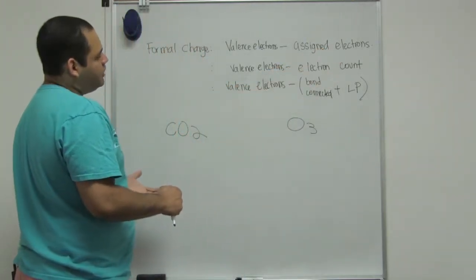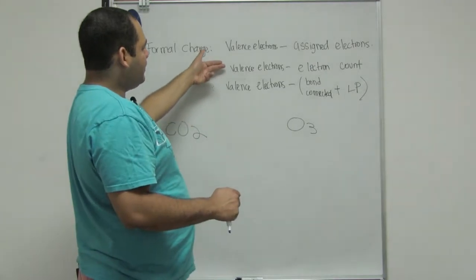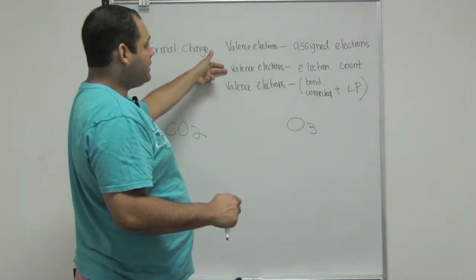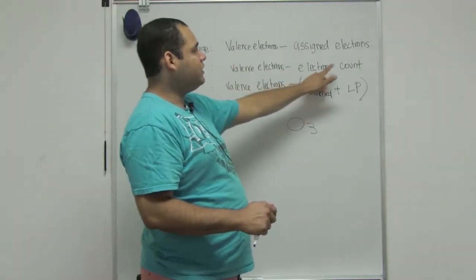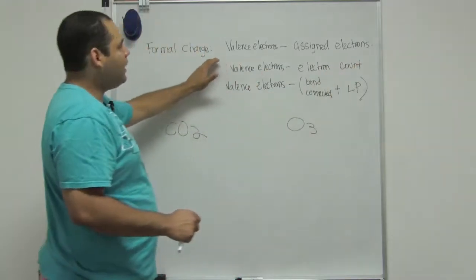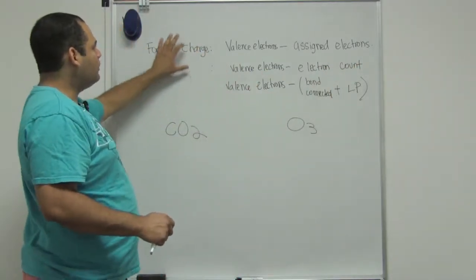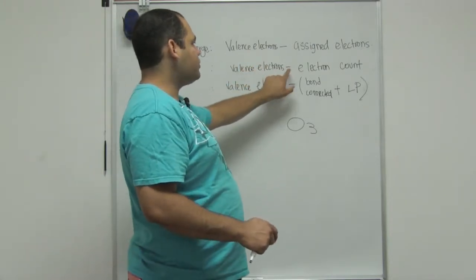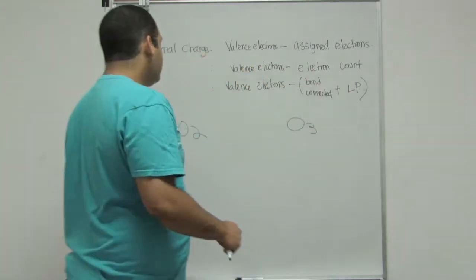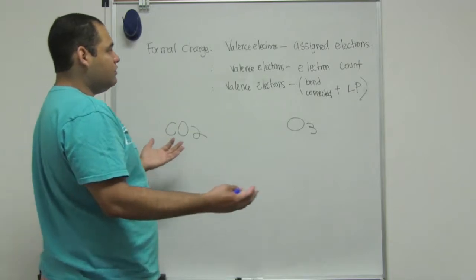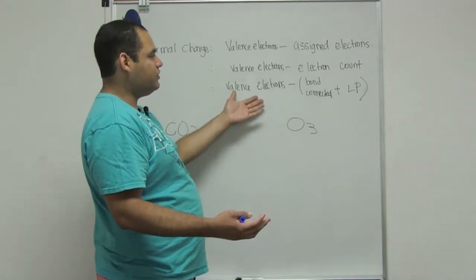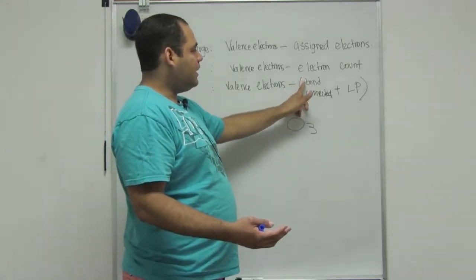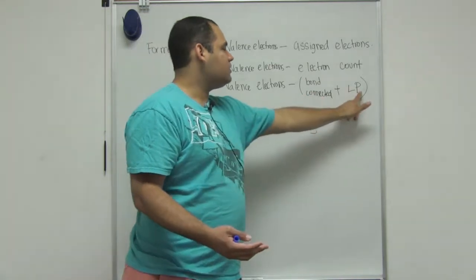Or another definition is that you can calculate it using the valence electrons minus the electron count, and this is how your book that you use in lecture calls formal charge. Or we have a definition online that says it is the valence electrons minus bonds connected plus lone pairs.